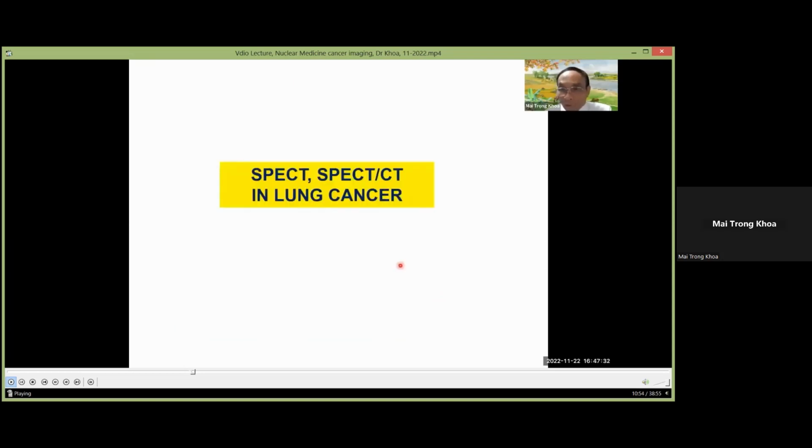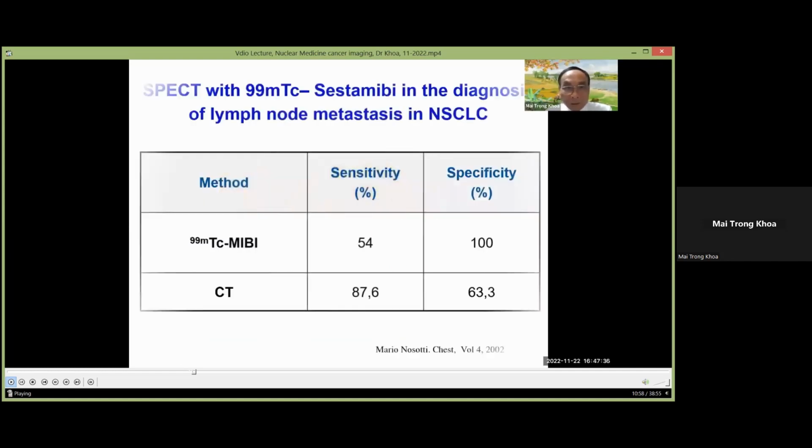And what is the value of SPECT for lung cancer? Another study shows that SPECT for diagnosing metastatic lymph nodes in lung cancer with 99mTc technology has higher specificity than CT only. You can see here.